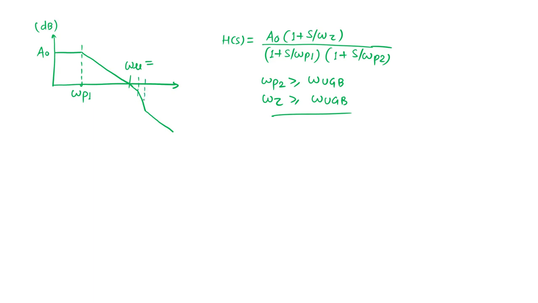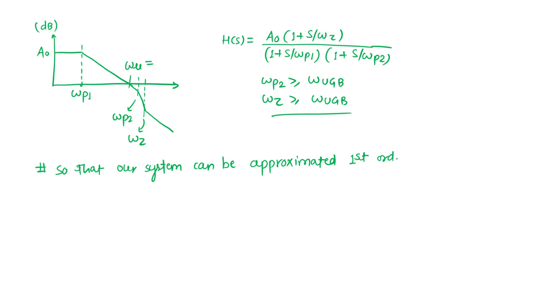But ideally, we want these two things, omega p2 and omega z, to be at least greater than or equal to omega UGB, so that our system can be approximated as a first order system at least till the UGB frequency.